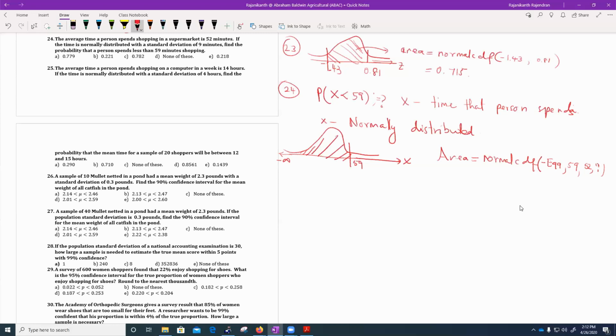If it is simply normal, then you have to define your mean and standard deviation for the particular problem. Now type this and you will get the answer as 0.782. Please check this. So that is choice C.